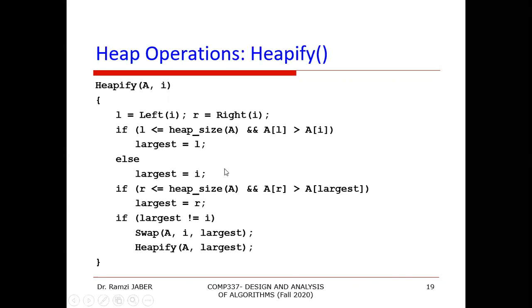So this algorithm will put the largest number at the top of the tree, and the children at the bottom of the tree will be the lower numbers.